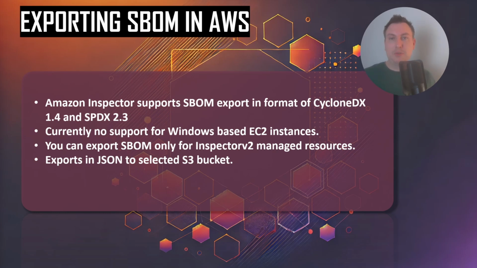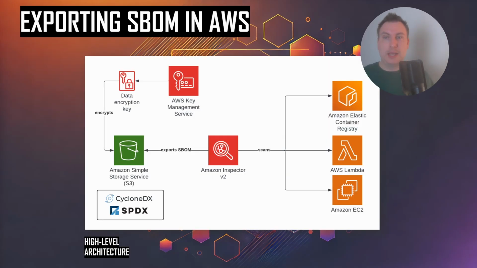Currently, it doesn't support Windows EC2 instances, so you will need to wait for that one. And also, you can export only with AWS Inspector version 2 managed resources. It exports the JSON files to a selected bucket, I mean an S3 bucket.